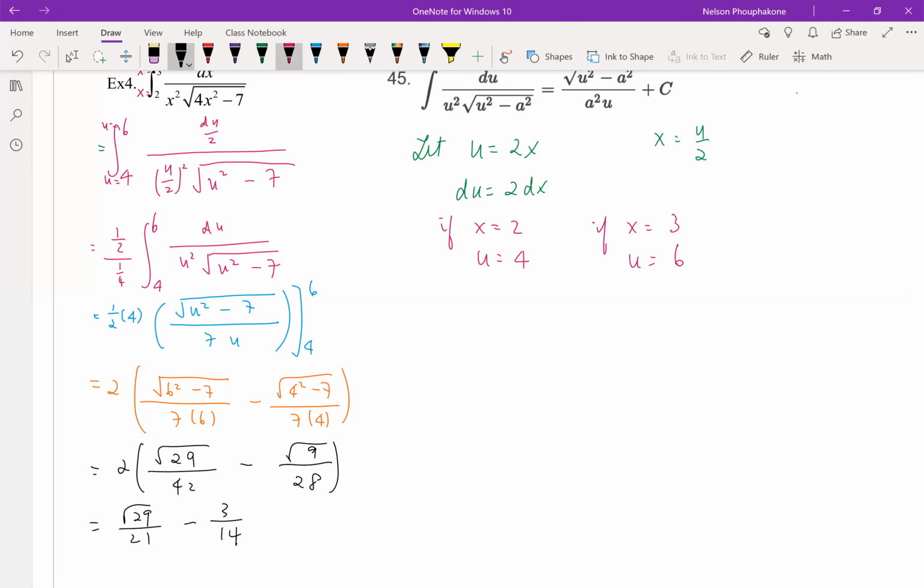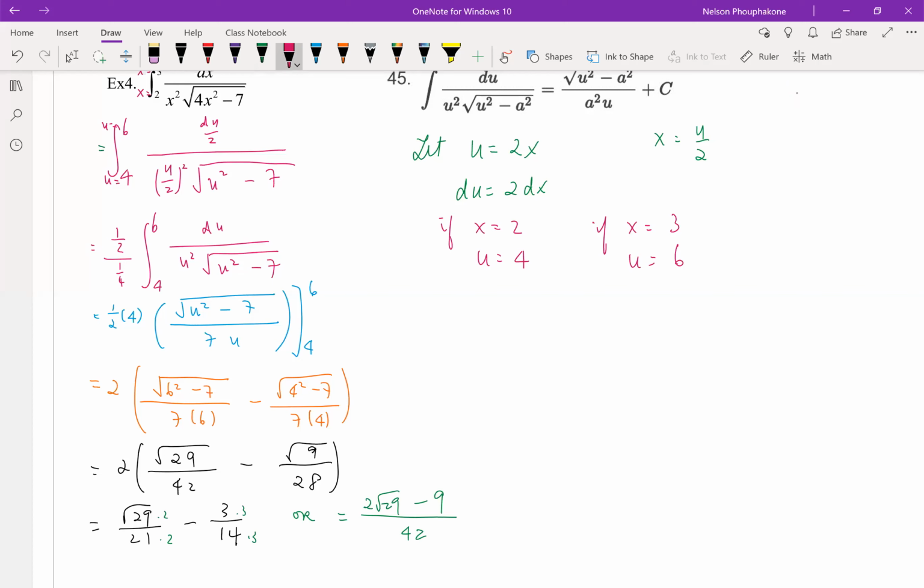Or if you want to make it only one term, you could multiply this by 2, this one by 3. So it is equal to 2 square root of 29 minus 9 over 42.